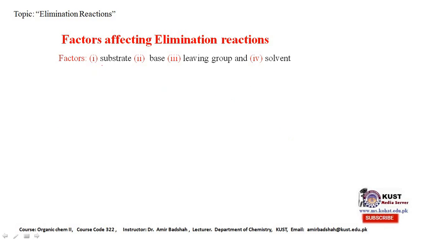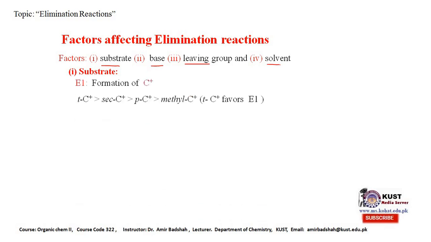Those factors include the substrate, the nature of the base, the nature of the leaving group, as well as the nature of the solvent. Number one is the substrate. What type of substrate? If we want to prepare a compound through E1, or through E2, what type of substrate will be needed for that?